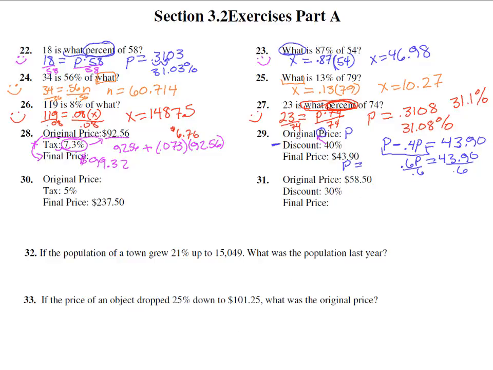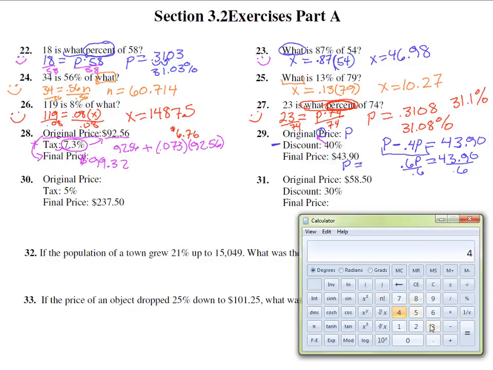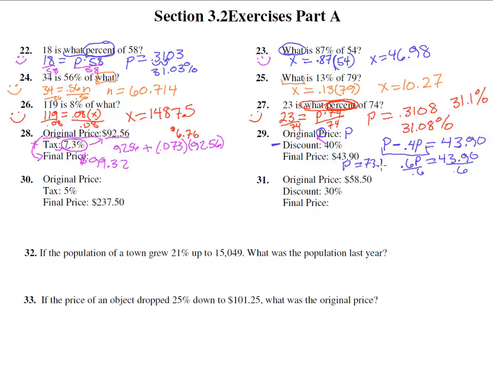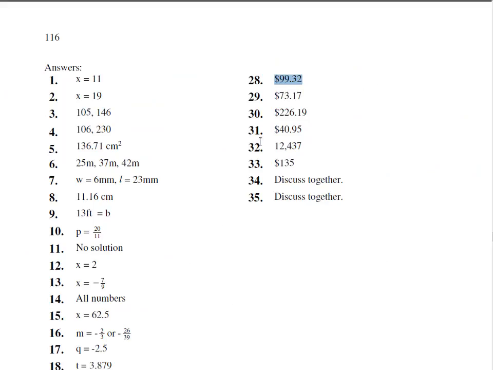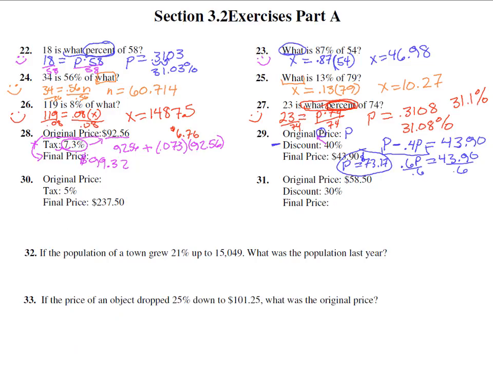Price equals, calculator, 43.9 divided by 0.6 equals, that's 73.17 if we now round to the nearest hundredth. $73.17. Alrighty, let's check that in the answers. $73.17. Right on.